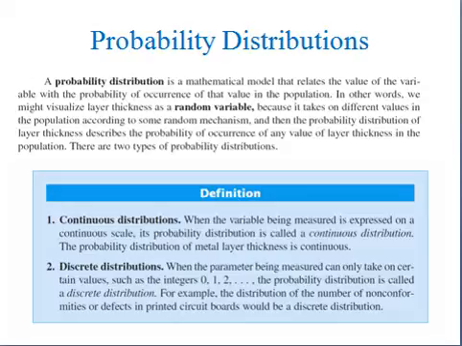A discrete random variable is a random variable whose possible values either constitute a finite set or else can be listed in an infinite sequence in which there is a first element, a second element, and so on.